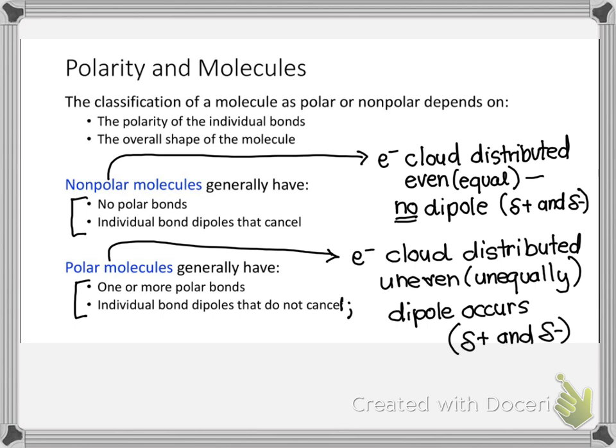Nonpolar molecules may have no polar bonds, which would make everything equal, or they have polar bonds and they cancel each other out. That's where the vectors come in. Polar molecules usually have at least one polar bond, and how the bonds are oriented means their dipoles don't cancel each other out. So that's just in general why it's happening.